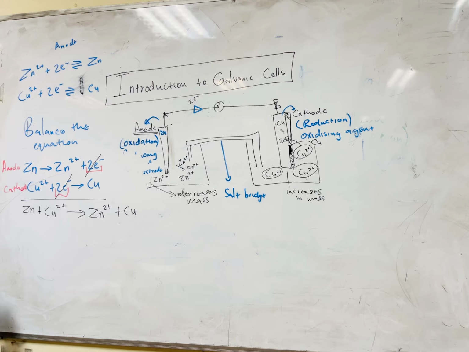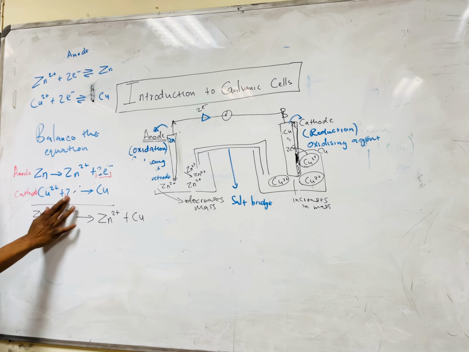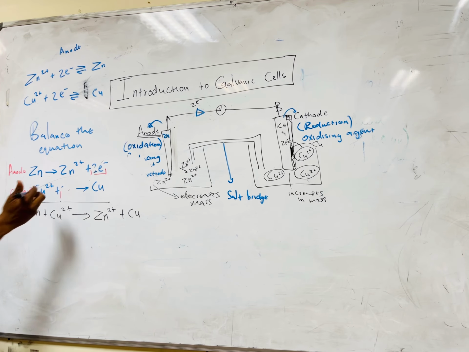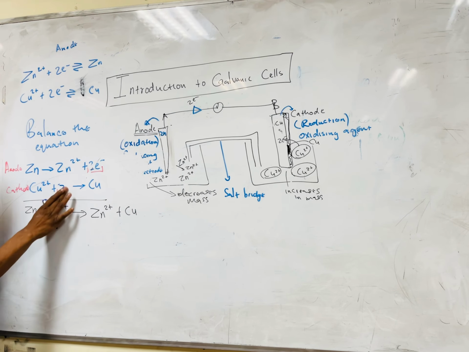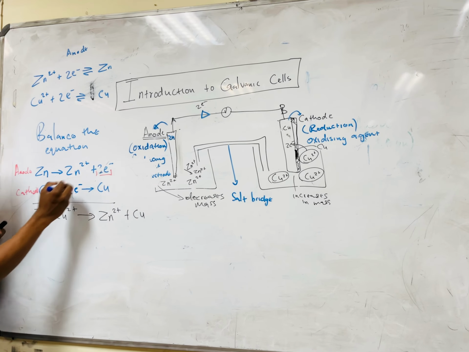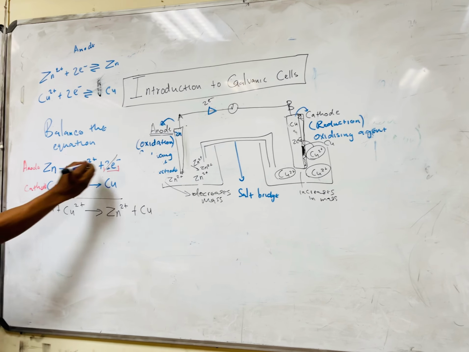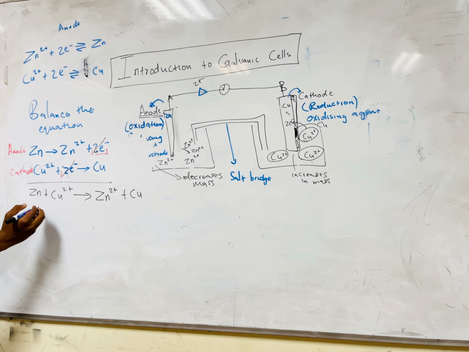Let me make this an example. Here the equation balanced, the electrons were the same, so we cancelled the electrons. So now let's do this example.